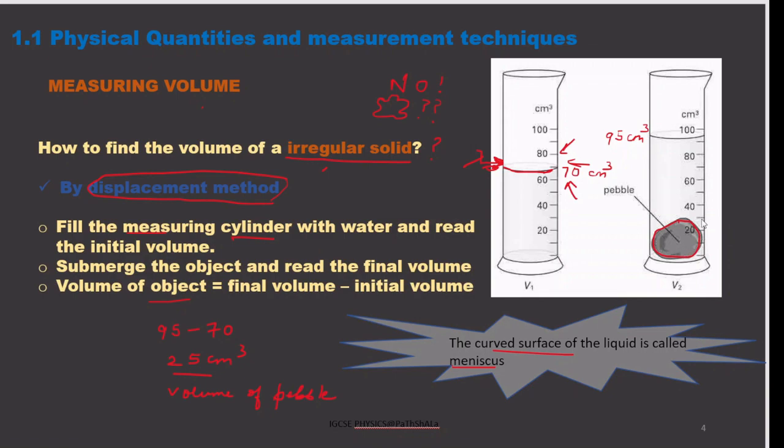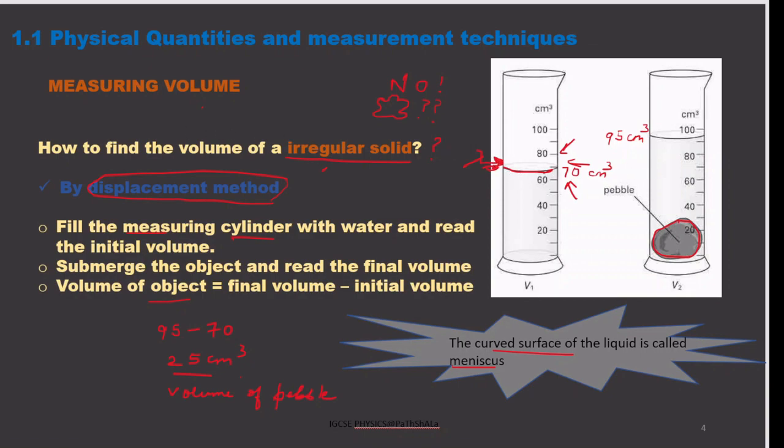The water level rises. I will take that reading and subtract the initial volume from the final volume, and we get the volume of the object. And always read perpendicular. The reading should be read perpendicular to this surface.